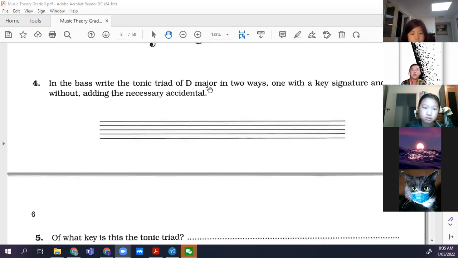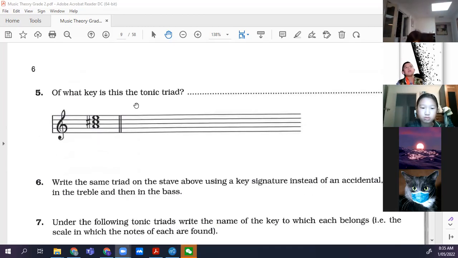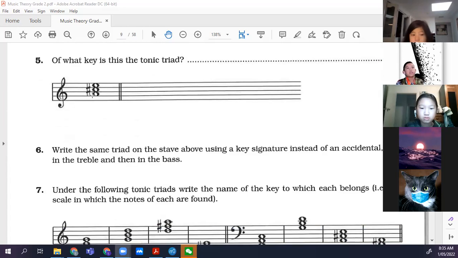Okay, and here is a tonic triad of A major. So it would have a key signature of F sharp. Someone tell me. F sharp, C sharp, and G sharp.